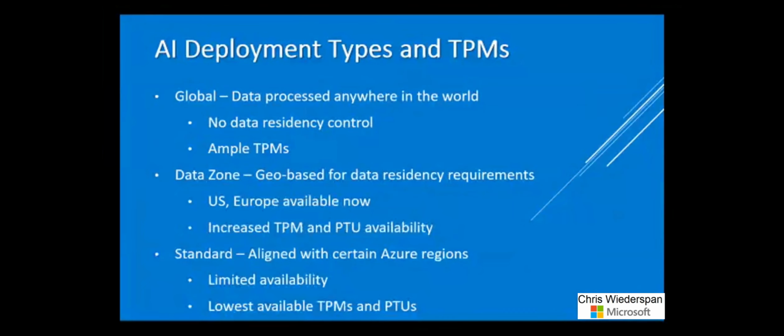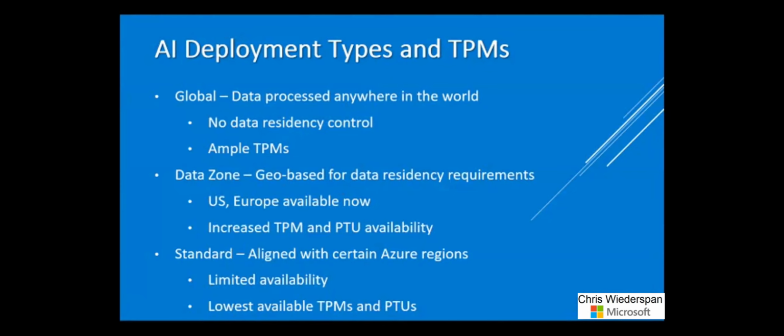You'll notice this bottom bullet point in each of the three. From global, we talk about ample TPMs. That's the notion that Microsoft is gating your access to how much data you can pump through generative AI models based on lots of factors, but basically we grant you quota, right, to do that.